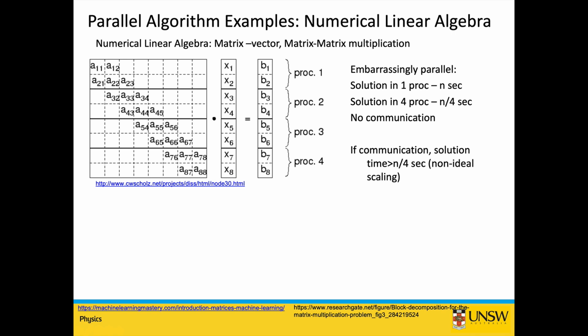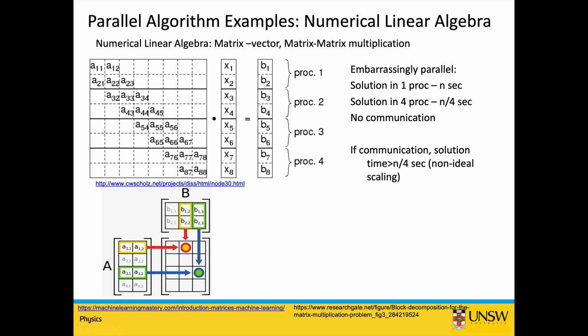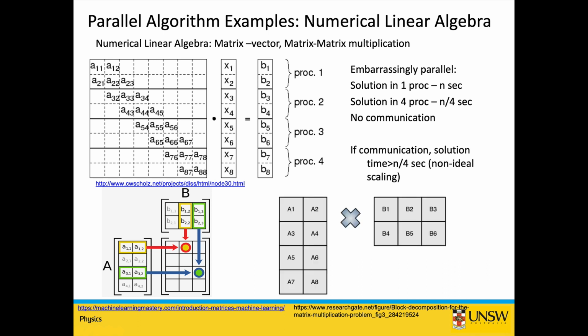So the solution time on 4 processors is n over 4 seconds, if the solution on one processor takes n seconds. It's embarrassingly parallel, or ideal scaling. If there was communication involved, then the solution time would be greater than n over 4 seconds, non-ideal scaling. And this is just one way to parallelize the operation of matrix vector multiplication.